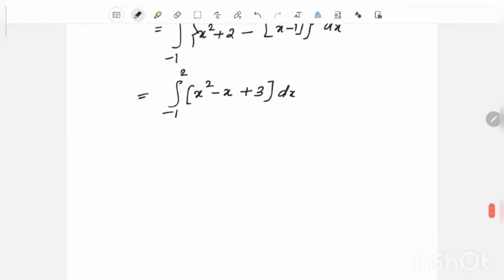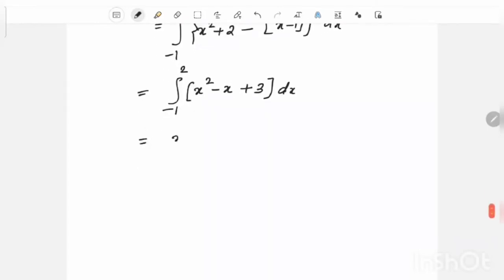And the integral of this function is x cube by 3 minus x square by 2 plus 3x, and the limit varies from minus 1 to 2.